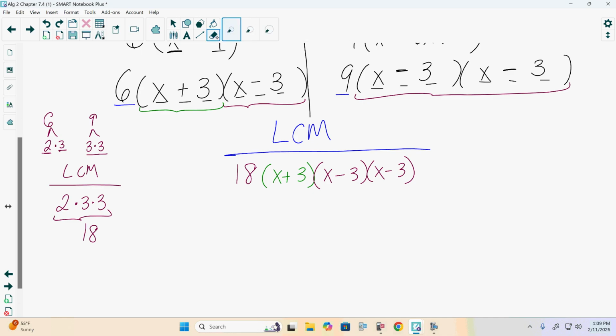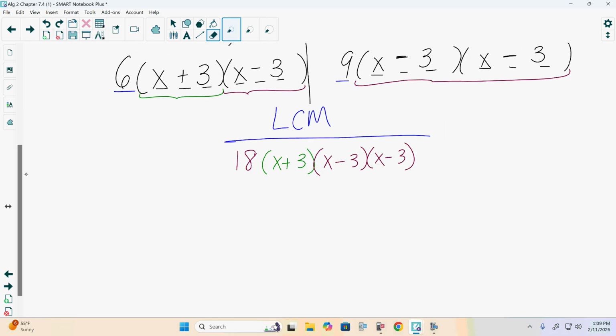Because at this point, if we want to get them to be the same, figure this out. Third time's the charm. Because again, this is the goal. For us to be able to add or subtract, we need the denominators to be the same. So if these were the denominators, we need them to become this here. Now to do that, we would multiply the left side by, well, 3 to be able to get the 6 to be 18.